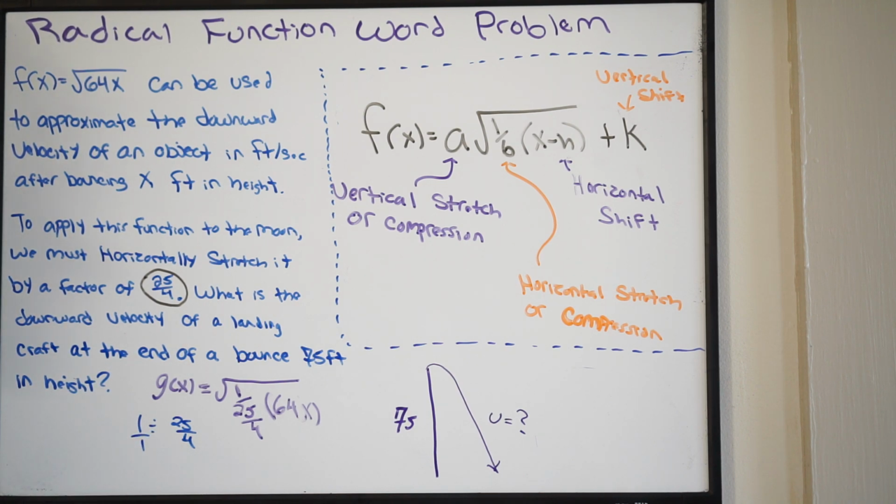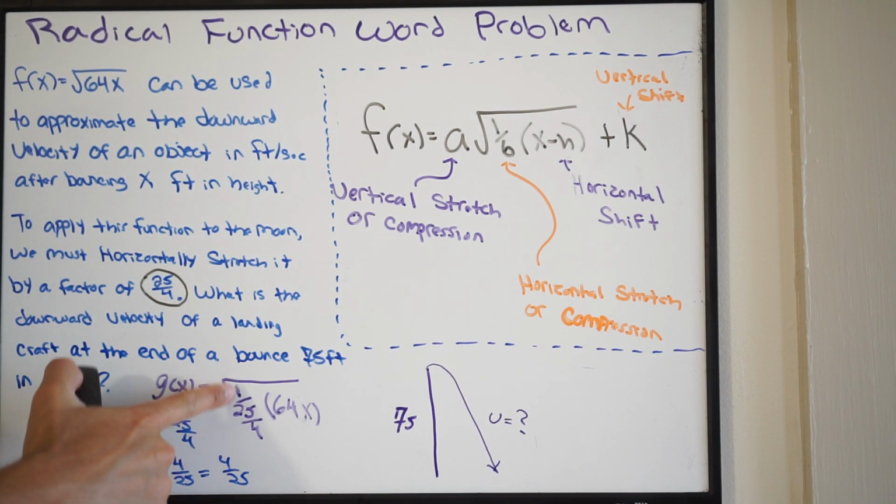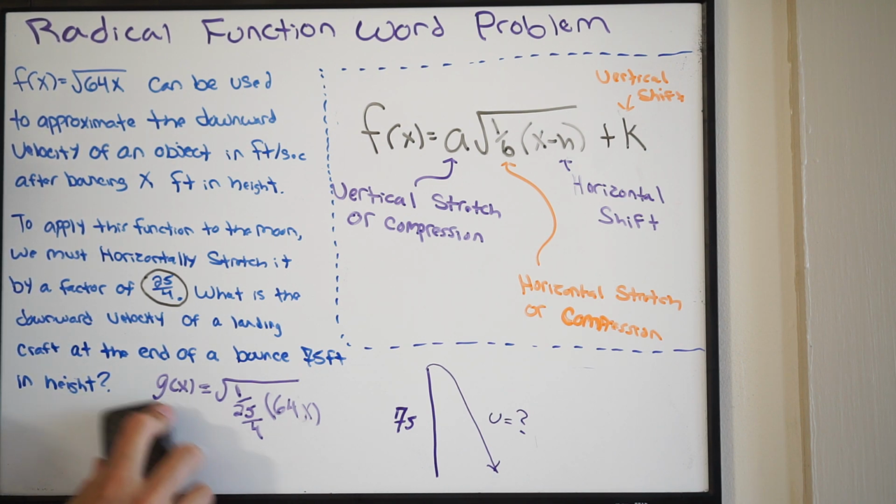So use your rules for dividing fractions: keep, change, flip. So we have 1/1 times 4/25. So essentially this becomes 4/25. Let's go ahead and rewrite this now. So this whole part right here will be 4/25.